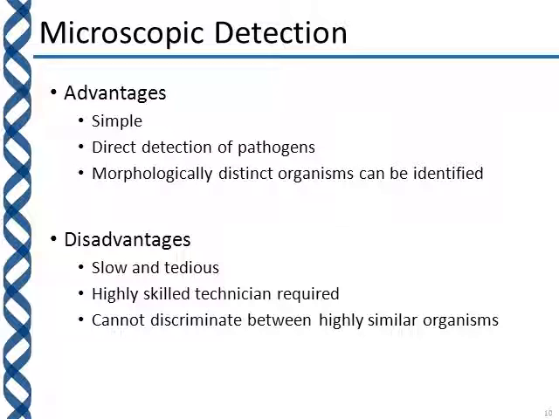For microscopic detection, the advantages are that it's simple, it is direct detection of a pathogen, and morphologically distinct organisms can be identified. The disadvantages are that it's slow and tedious. It requires a highly skilled technician, and in many cases cannot discriminate between highly similar organisms.